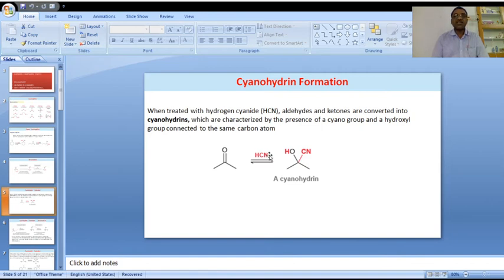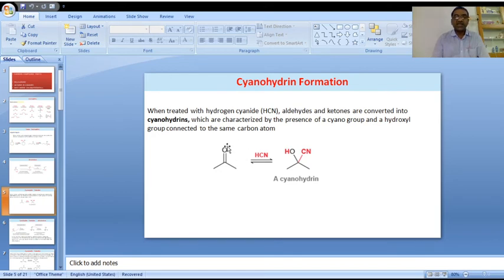That cyanide nucleophile generally attacks the carbonyl carbon. Immediately the pi bond breaks and the pi bonded electrons shift to oxygen.